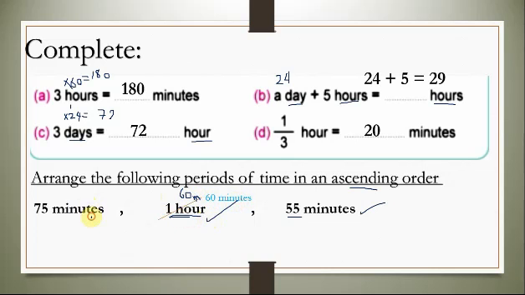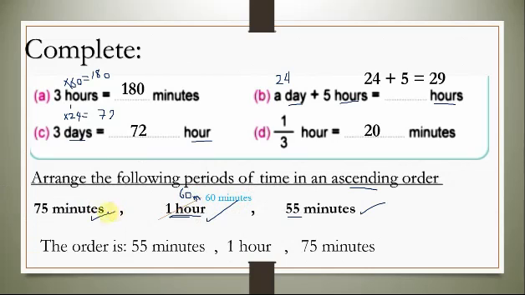Then 75 minutes. So the order is 55 minutes, 1 hour, and 75 minutes. So to arrange any periods of time, you have to change or make all of them the same unit. Thanks, grade 3. See you soon, inshallah.